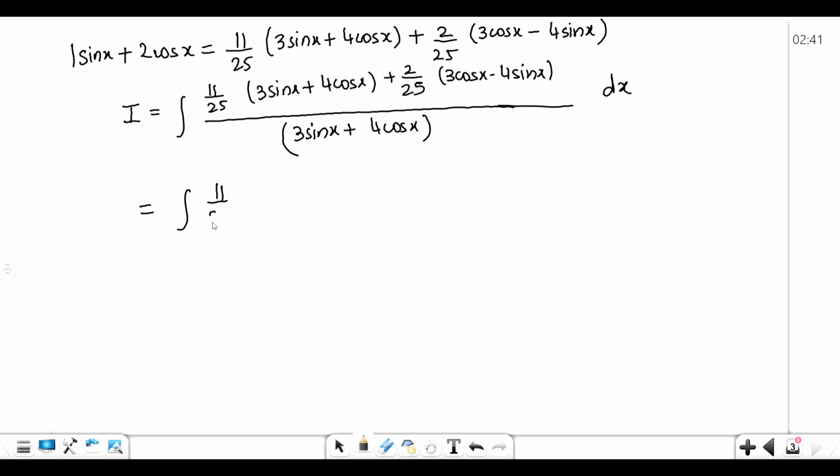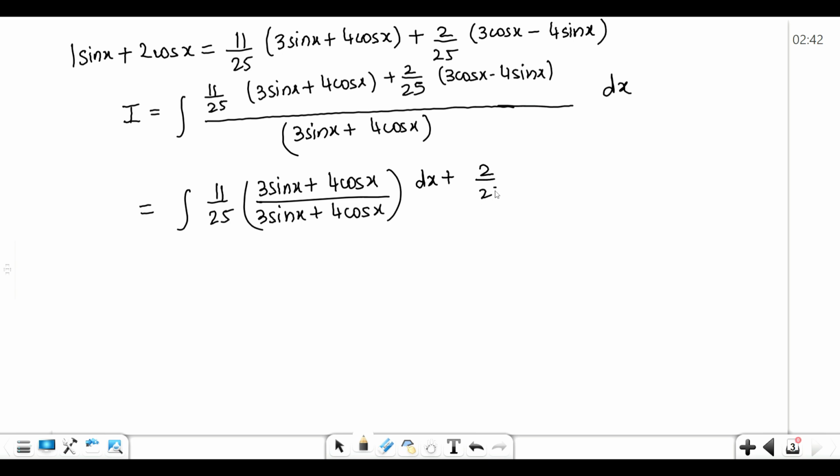After giving it to the first term, we have (3 sin x plus 4 cos x) upon (3 sin x plus 4 cos x), and I have separated it, and this will be (3 cos x minus 4 sin x) upon (3 sin x plus 4 cos x).